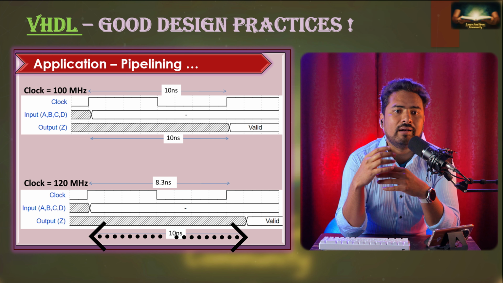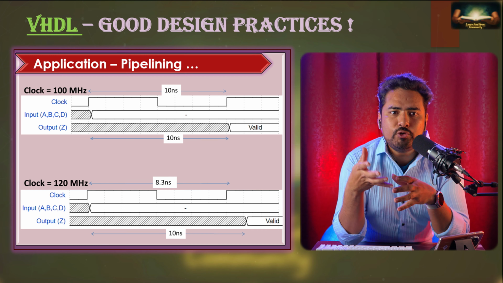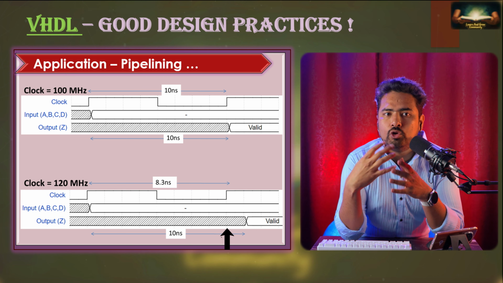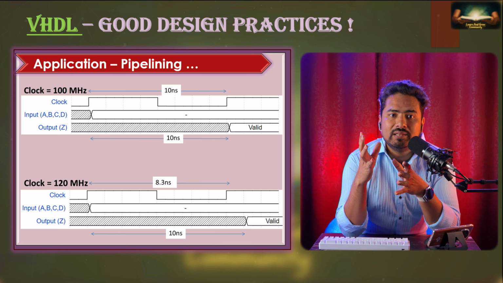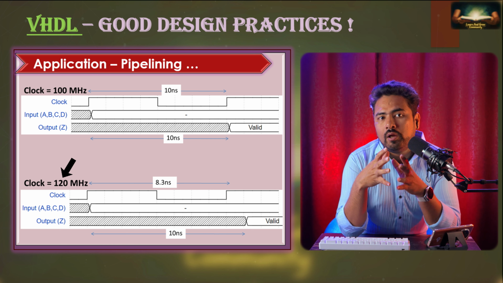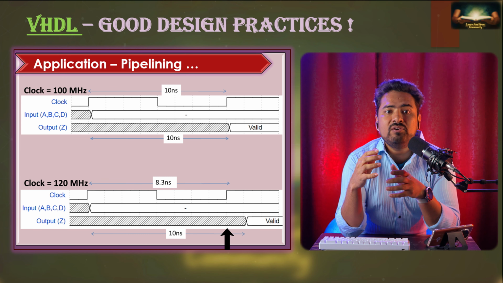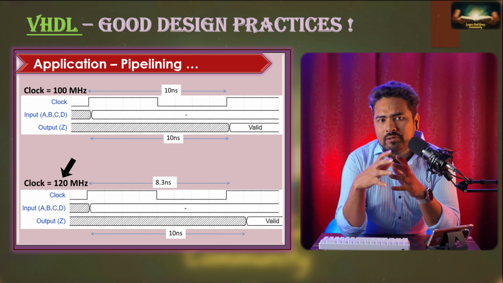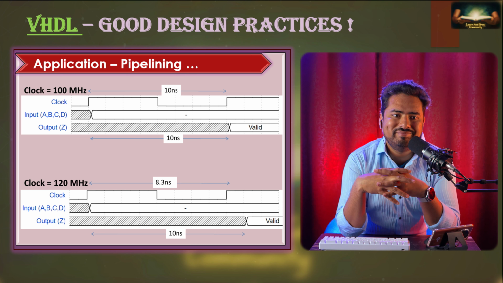So you will get the right output at this point. As a consequence, your output is not correct at this point. It means you cannot use this frequency for your circuit because you will not get a reliable output from your design at 120 megahertz. So let's see if pipelining can help you to improve this situation.